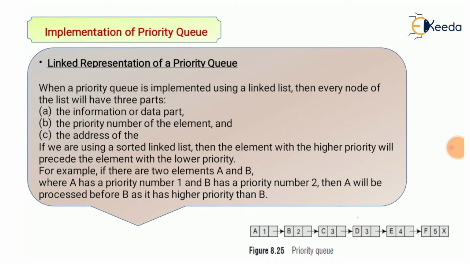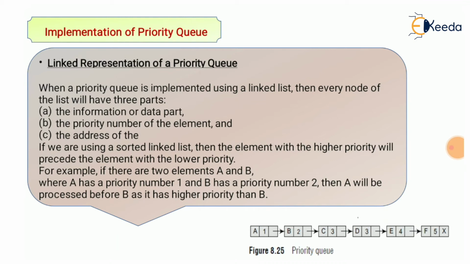Any topic that we want to implement with the help of a linked list, we have to consider the data part, the address part, and the content which are there in the linked list.